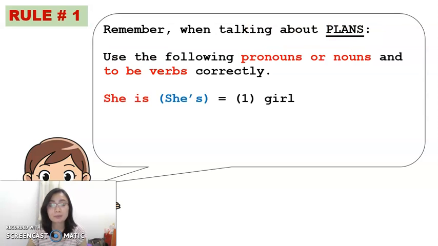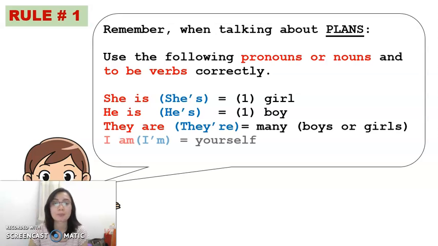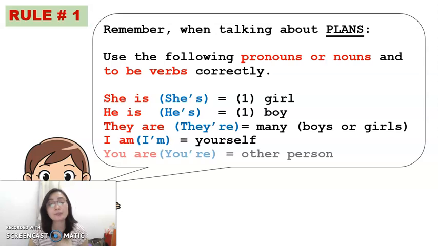For example, she is, for short is she's if you're talking about one girl. He is, he's for short if you're talking about one boy. They are or they're if you're talking about many. It can be mixed of boys or girls, or a lot of girls or a lot of boys. I am or I'm if you're talking about yourself.